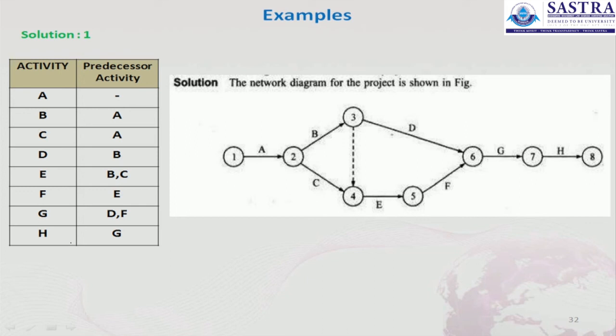For the initial activity A it is a slash, which means there is no beginning activity. For B it is A, for C it is A, for D it is B. E must follow B and C, F must follow E, G must follow D and F, and H must follow G.